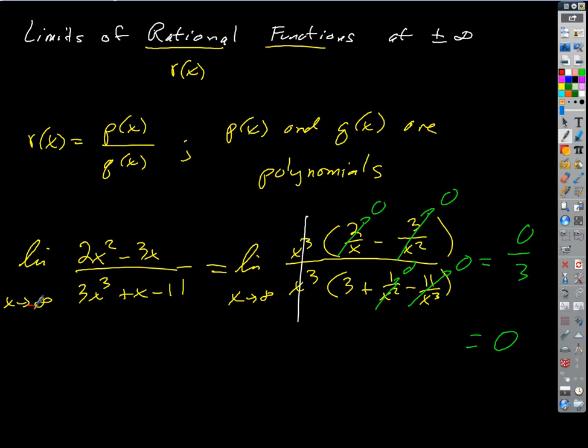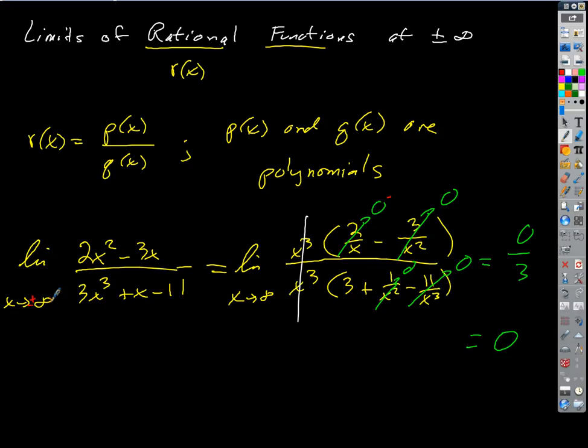Because in the end, plus or minus infinity on the bottom is going to make this fraction go to 0. If this were a negative infinity, it just would have been a 0 minus. No big deal. It's still approaching 0, right? You see what I'm saying? So it doesn't make any difference. So we can safely say plus or minus infinity, and we're going to get back the same answer.